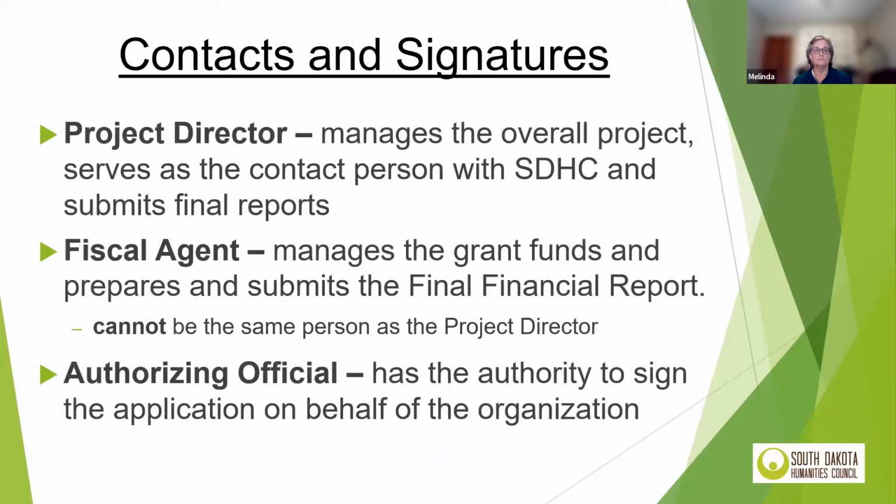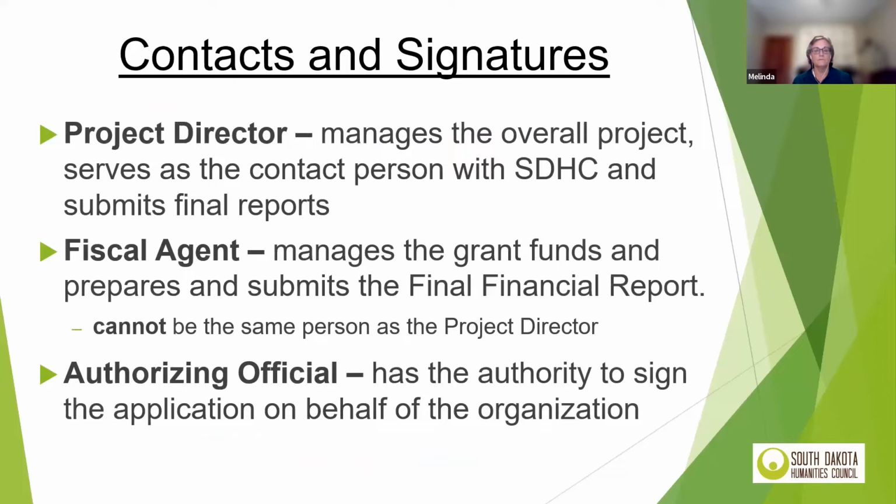Contacts and signatures. There will be a place on the application for names of people to contact and how they will be involved. All of these people should be affiliated with the sponsoring organization. The project director manages the project and is the person I communicate with through the grant period.